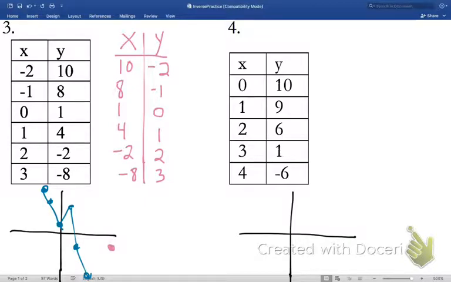At 8, -1. It's (1, 0). At 4, 1. (-2, 2). And then (-8, 3).